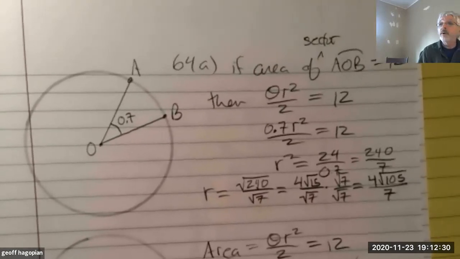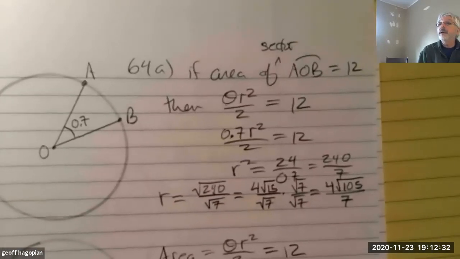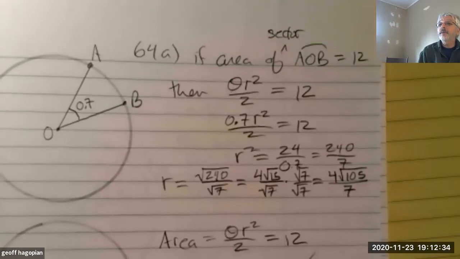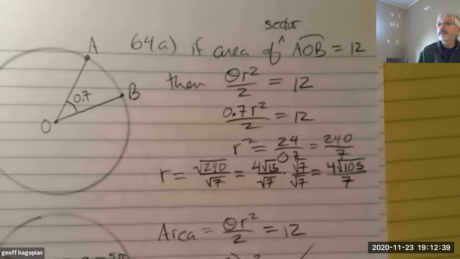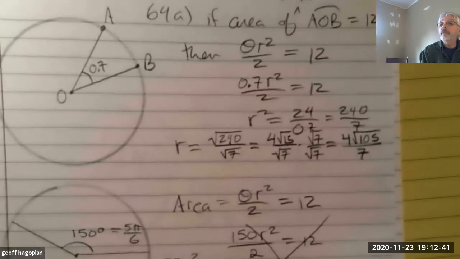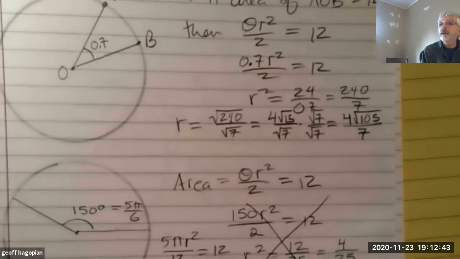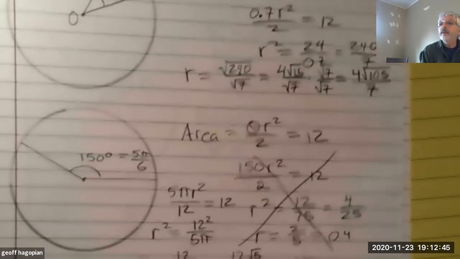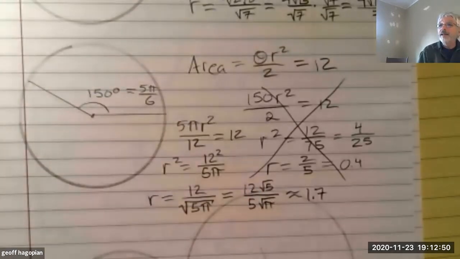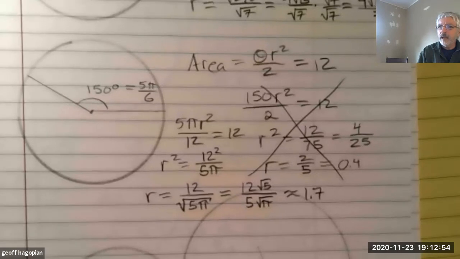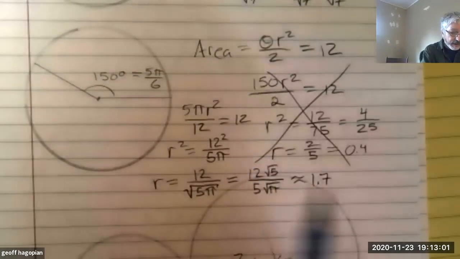Number 64A: if the area of a sector is 12, then find the radius. We did a little bit of arithmetic there, and then I sort of sucker punched you with doing it wrong. I think most people went headlong. Believe me, I wouldn't do anything wrong, would I? Yes, I would, and I did, but then I corrected myself.